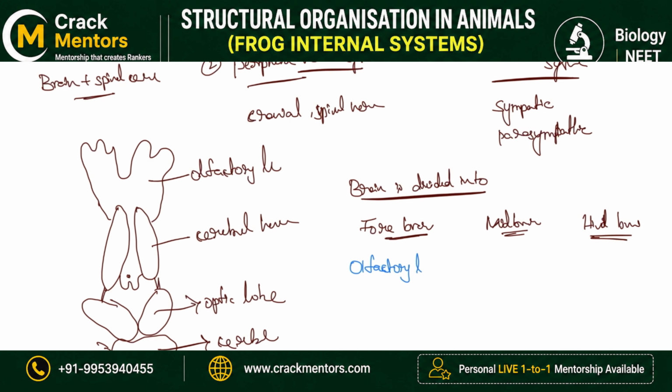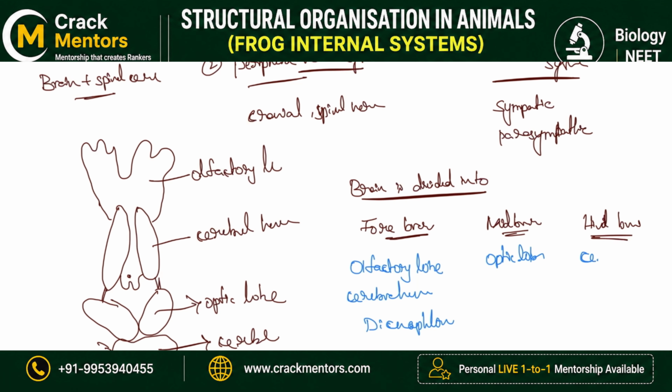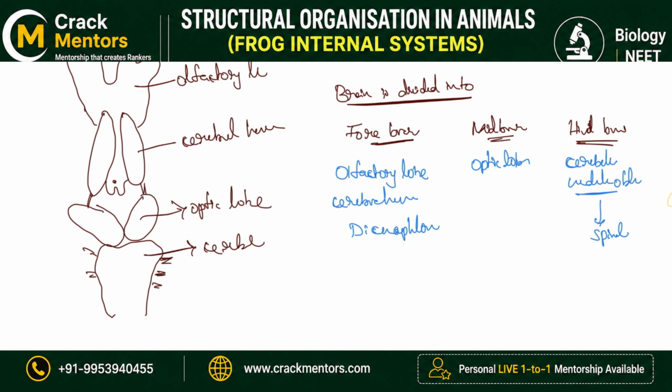Under forebrain we have the olfactory lobe, cerebral hemispheres and a diencephalon. Under midbrain we have our optic lobes. Under hindbrain we see a cerebellum and a medulla oblongata. Okay, this medulla oblongata will continue as a spinal cord.